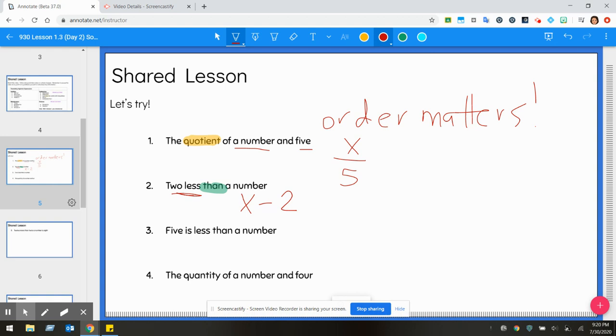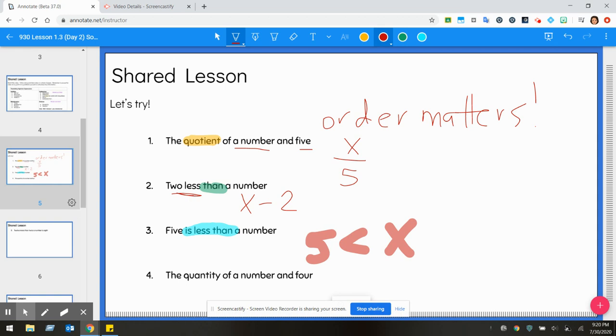This is a trick. Be careful. Is less than means that this is going to be an inequality. So I would write this as 5 is less than a number. Okay, 5 is less than a number. So that one is actually an inequality.